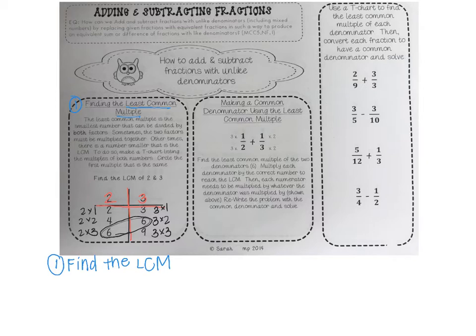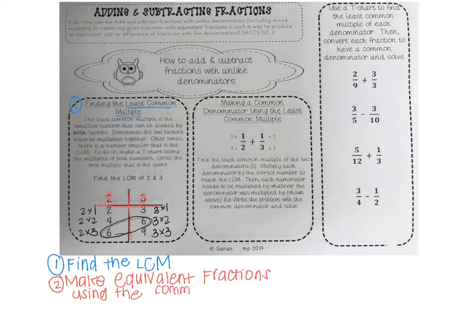You ready for step 2 now that we found the common multiple? Step number 2 is to actually make equivalent fractions. You are taking these notes with me on your paper. Make equivalent fractions using the common denominator.